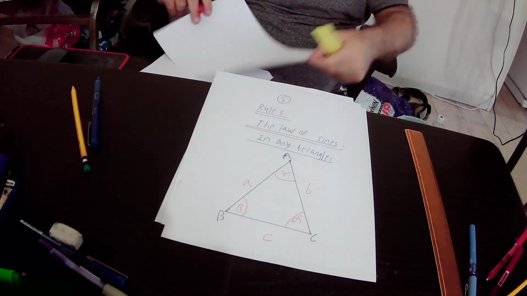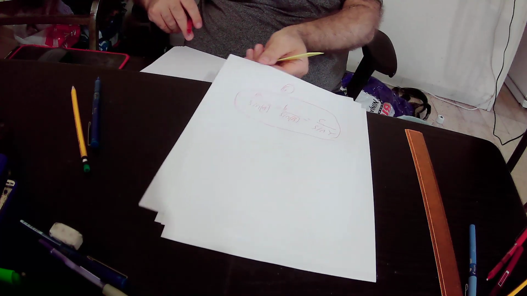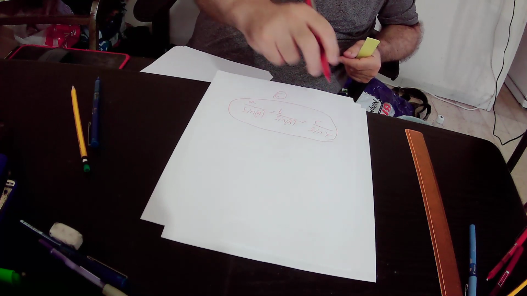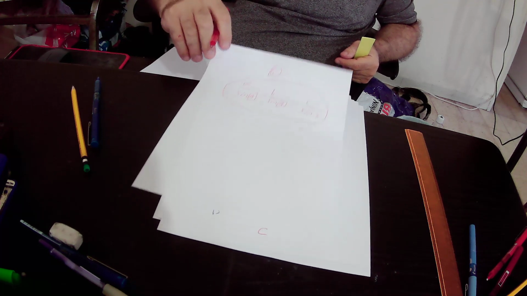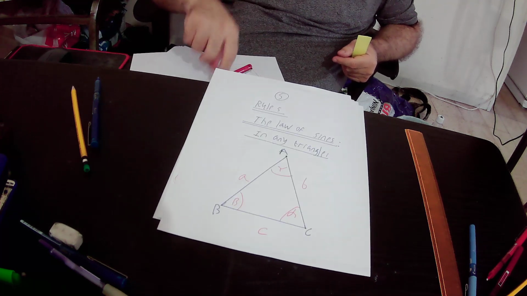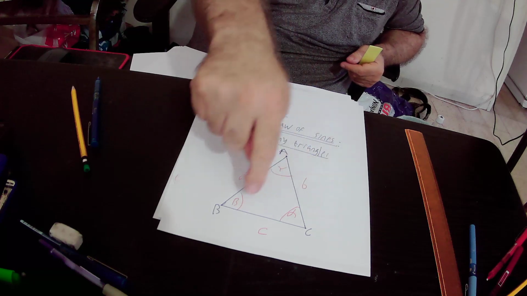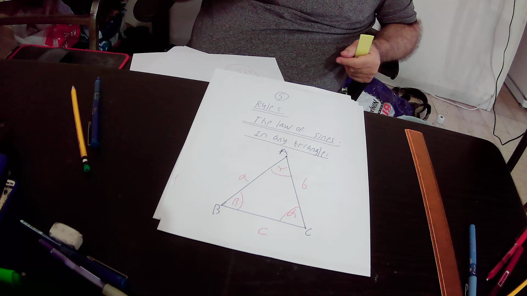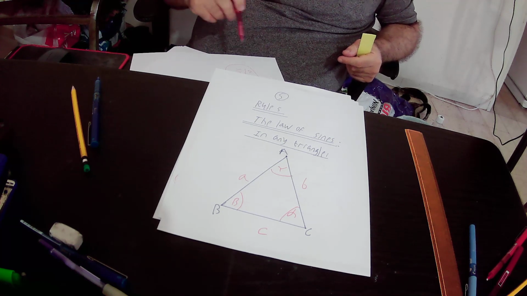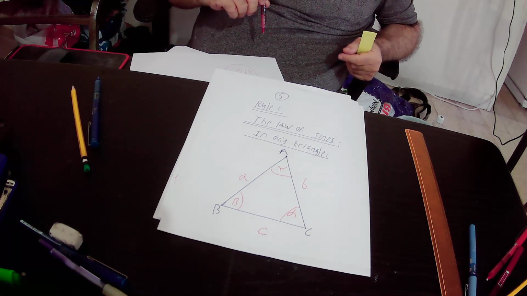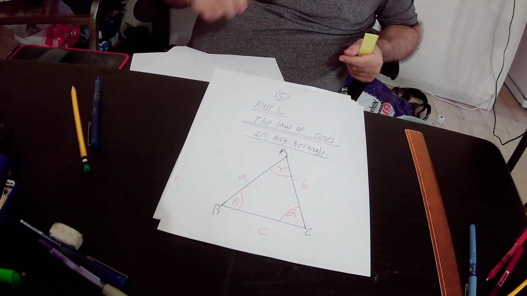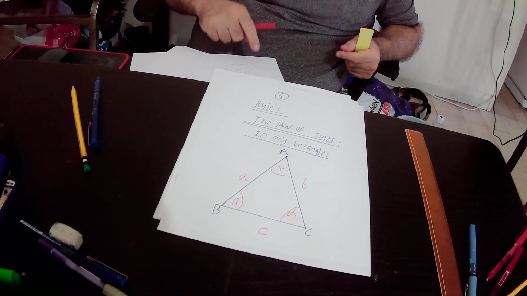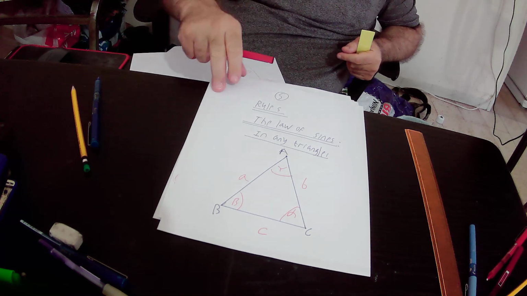So the following equality is true for any triangle: A over sine alpha equals B over sine beta equals C over sine gamma. And especially this equality is true in our triangle ABC. So we actually can implement rule number 5, the law of sines, in our triangle ABC.